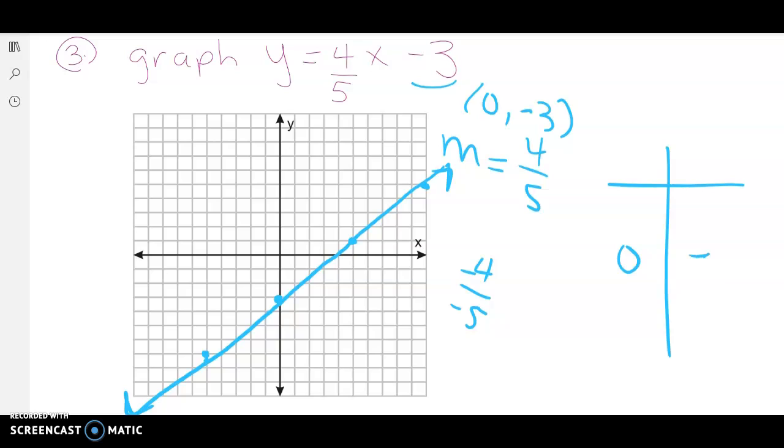So 0, -3, and then you went up 4. So that has a y value of 1, and then over 5 would be here. You went from 0 to 5. I can put it down here, 5, 1. This one down here, you went down 4 more. So down 4 more would be -7, to the left 5, -5. So those could be your 3 points.